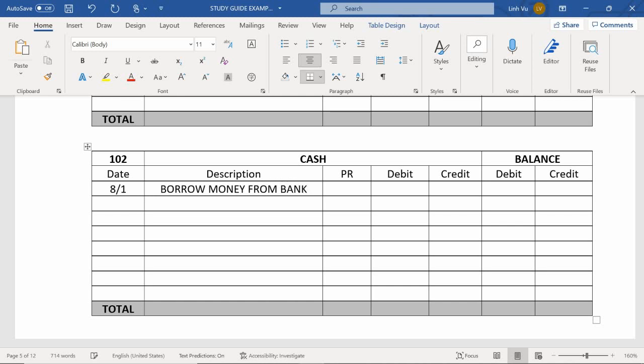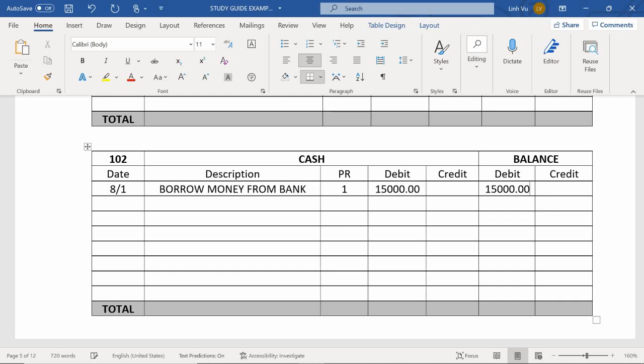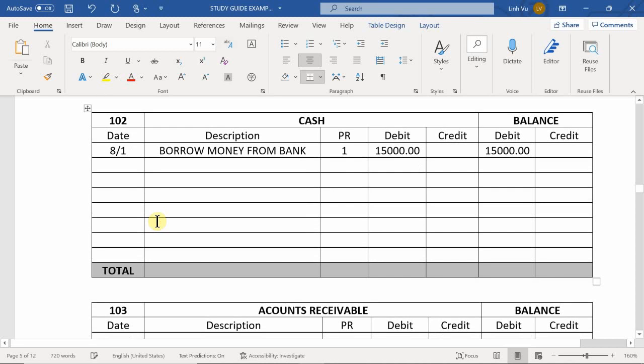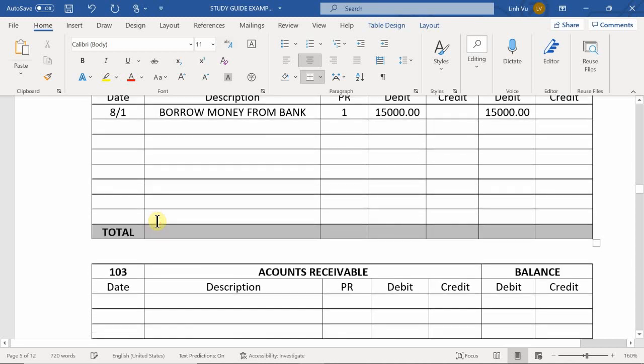Page number 1. We have on the debit $15,000, and $15,000 on the balance. That's all. We don't have a subsidiary ledger, so that's all.